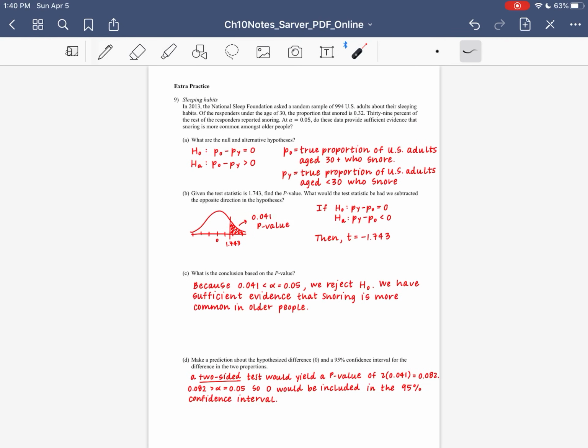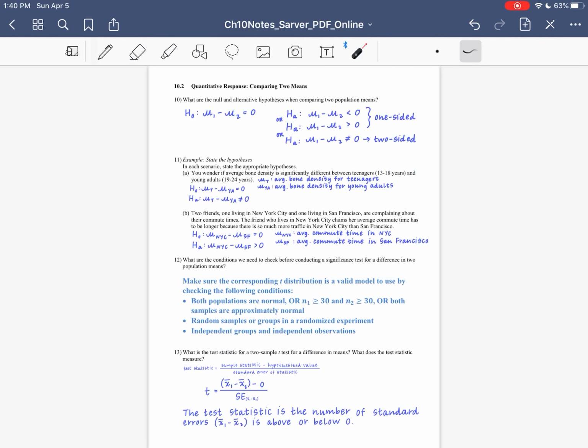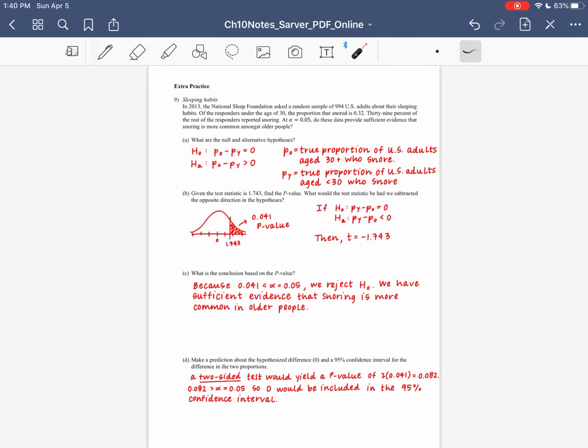As always, I have those extra practice problems at the end of 10.1. Number 9 is a hypothesis test, and then asking about a confidence interval as well. And that is the only extra practice problem I have for you.